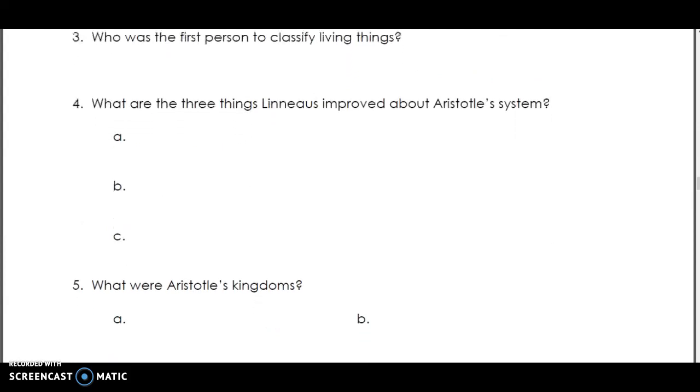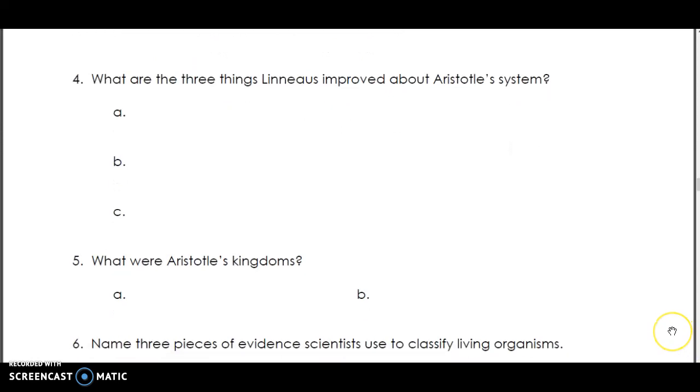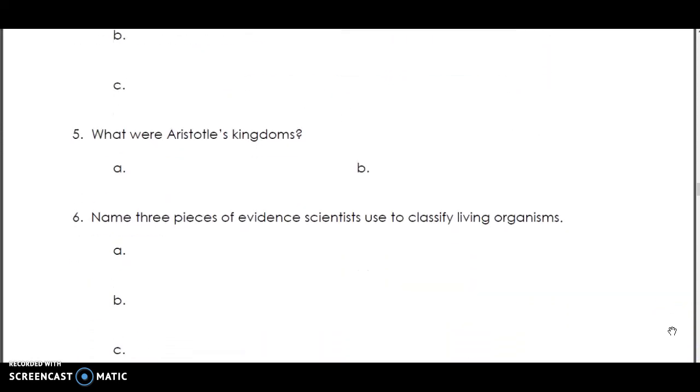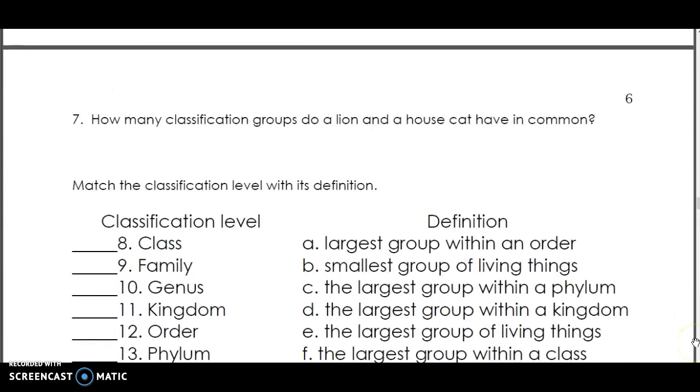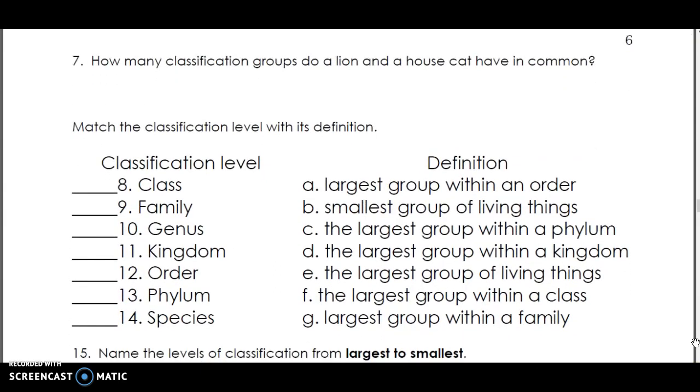Number 4, what are the 3 things Linnaeus improved about Aristotle's system? A, B, and C. Number 5, what were Aristotle's kingdoms? A and B. Number 6, name 3 pieces of evidence scientists use to classify living organisms. Number 7, how many classification groups do a lion and a house cat have in common?